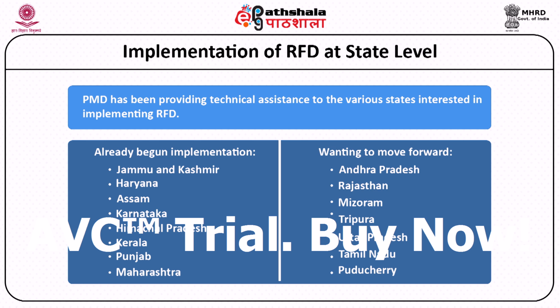The states which have already begun include Jammu and Kashmir, Haryana, Assam, Karnataka, Himachal Pradesh, Punjab, and Maharashtra. The states which want to move forward in the preparation of RFD include Andhra Pradesh, Rajasthan, Mizoram, Tripura, Uttar Pradesh, Tamil Nadu, and Puducherry.